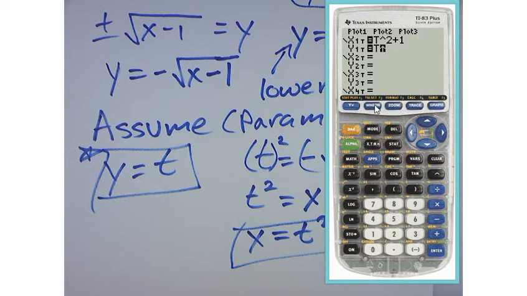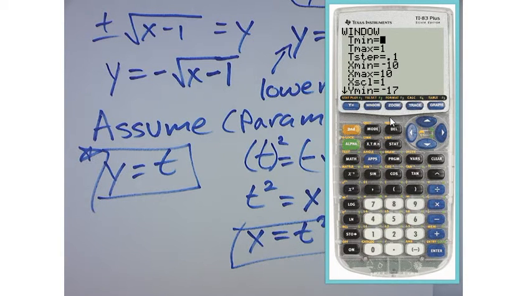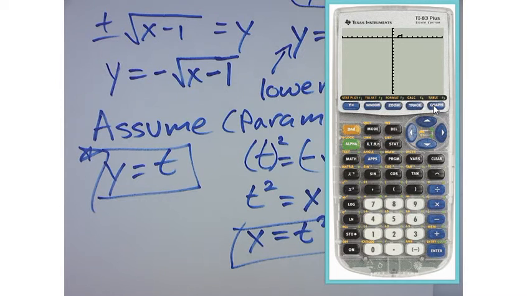I'm not quite sure what we want to make this, but let's start t at 0 and we'll go to 1 and see what we get, okay? Uh-oh, what do we get? We got a little dot. So now what?